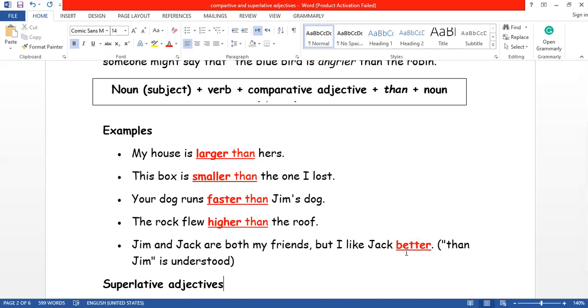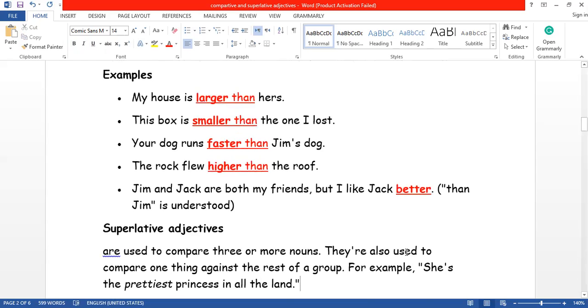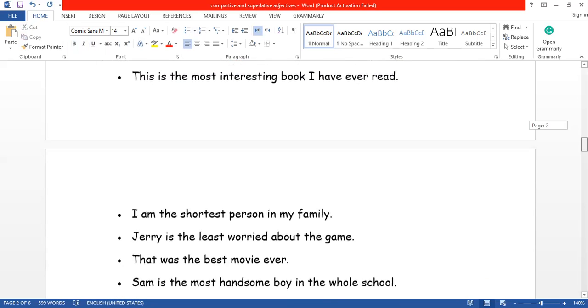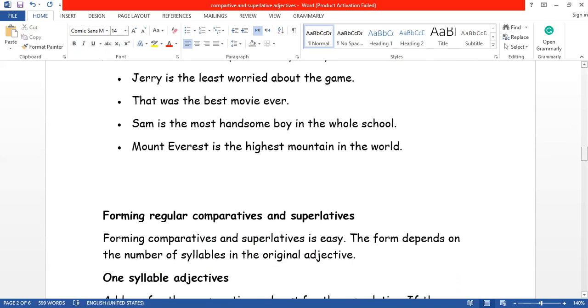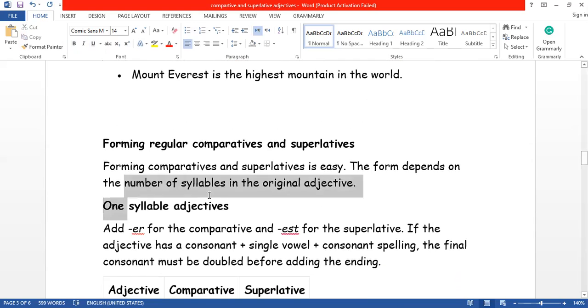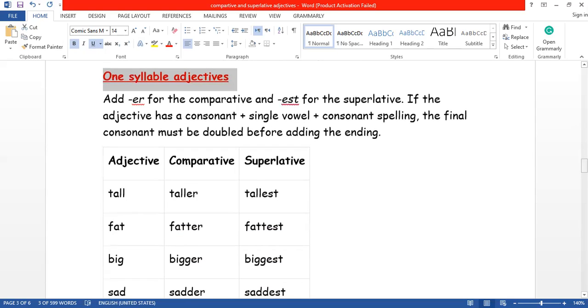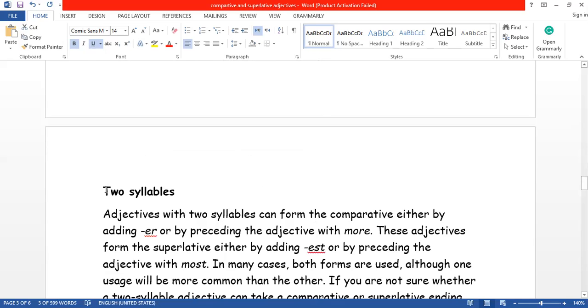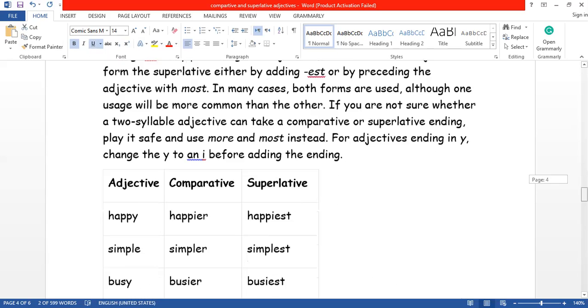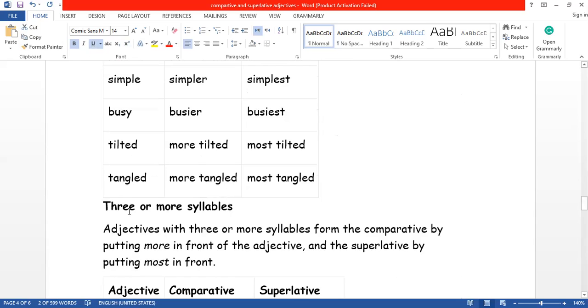So focus with me. First we will talk about the superlative adjective, then we're going to talk in detail about adjectives that have one syllable, adjectives that have two syllables, and the last one, three or more syllables.